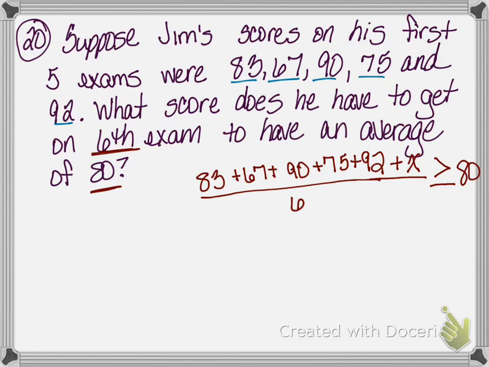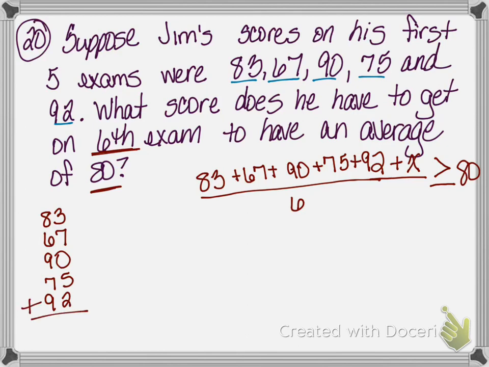He wants to get at least a B in the class. Now, if he gets an 82 or an 83, that's all bonus. But he wants at least an 80, to have an average of 80. So this is how we're going to find out what he needs to get. So we do need to add all these scores together. So I have 83 and 67, 90, 75, and 92. Okay?